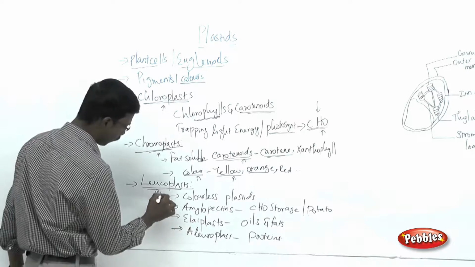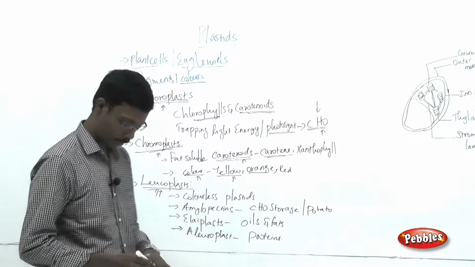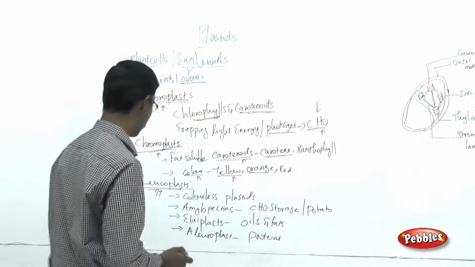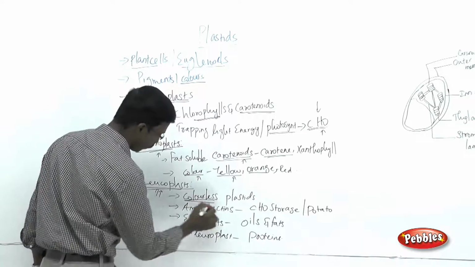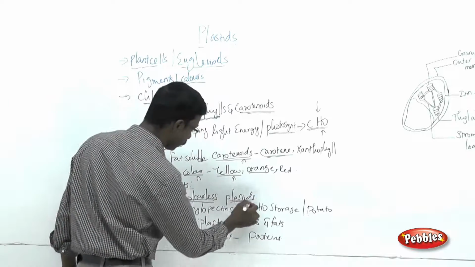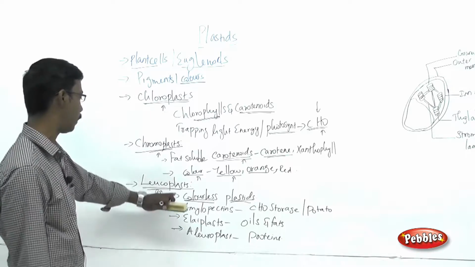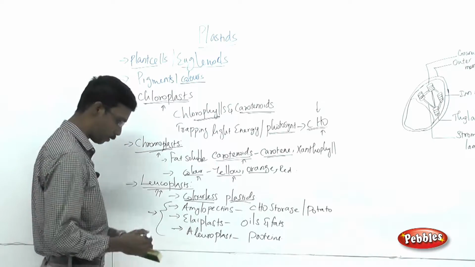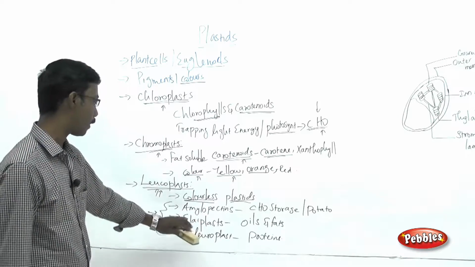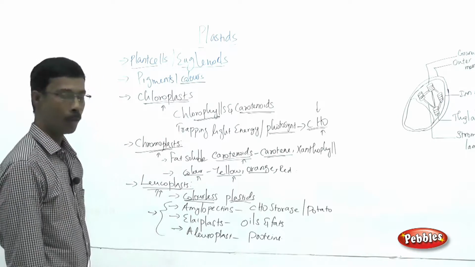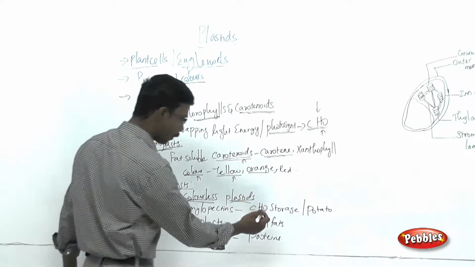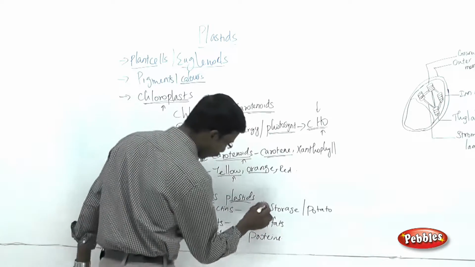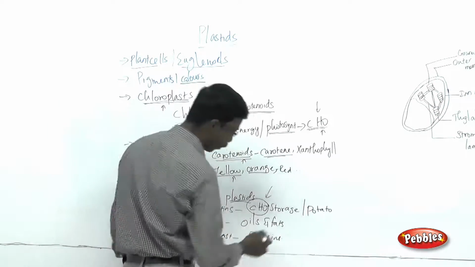Okay. So the third category, the leucoplast. This is colorless plastids, or colorless pigments. Over here there are three major categories or divisions available: amyloplast, elaioplast, and aleuroplast. So the amyloplasts are going to store the carbohydrate molecule.